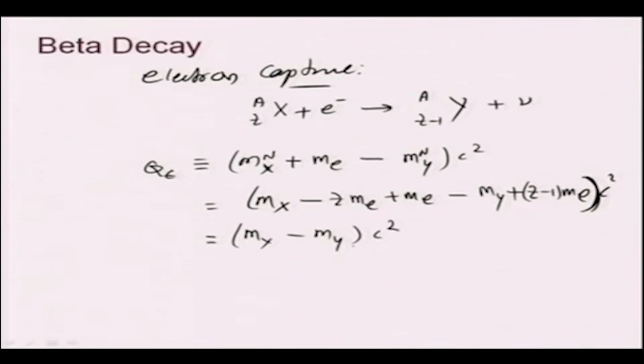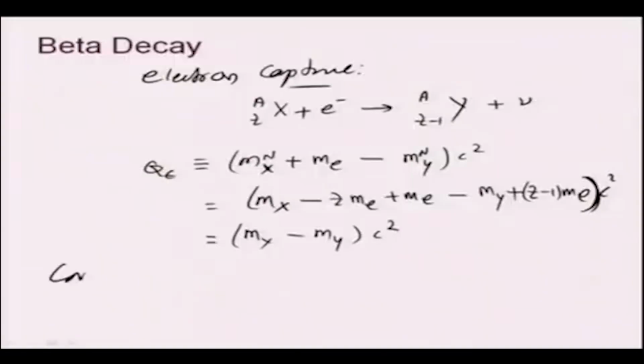But there is one small correction to it. What is happening in this case is that an atomic electron is captured. The atomic electron is not a free electron. So, when you add the energy as me c², that is not the energy that is actually available. It is only me c² minus the atomic binding energy that is available.